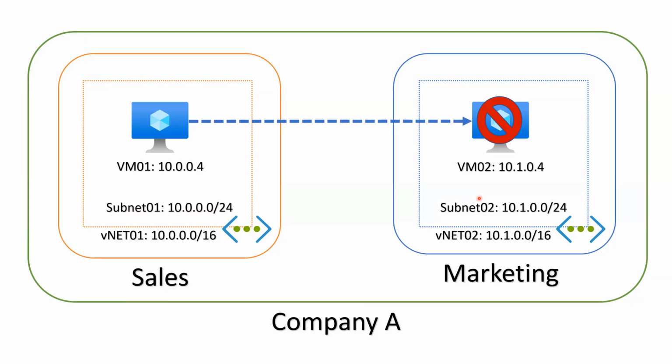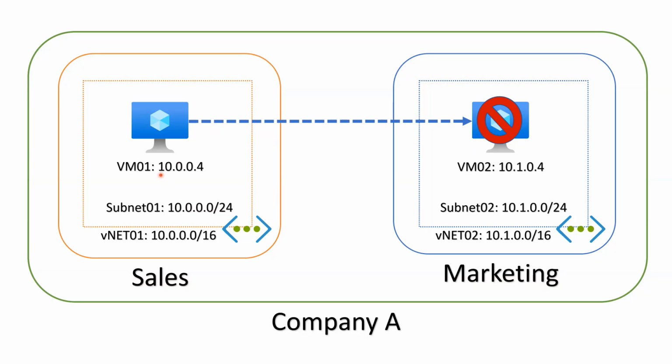But the problem is that on VM02, we have already removed the public IP address, because of which the user sitting on VM01 will not be able to access the web server deployed on VM02, because we don't have any virtual network peering configured between both the virtual networks. Similarly, if any user is sitting on VM02, they will not be able to access resources deployed on VM01.